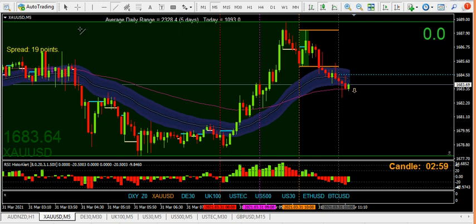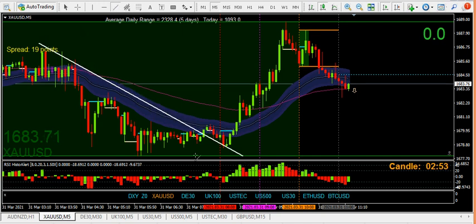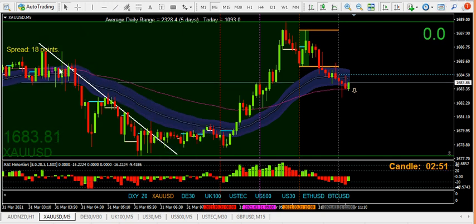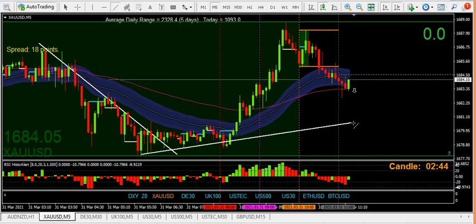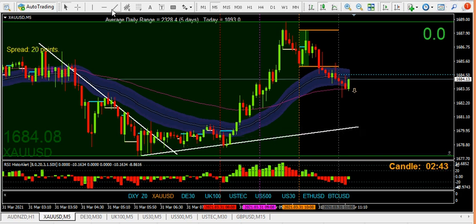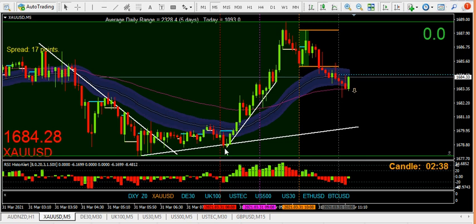You can clearly draw your descending trend line, attaching highs that make lower lows, and then you can clearly draw an ascending trend line there, and then get a bit more angle on it once we've started to create new highs.